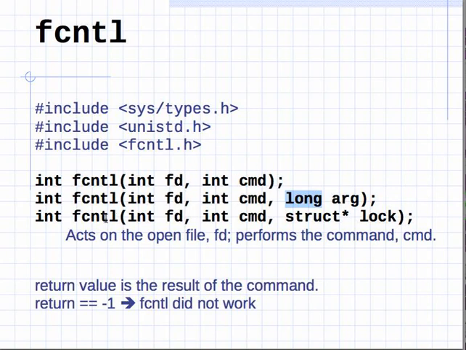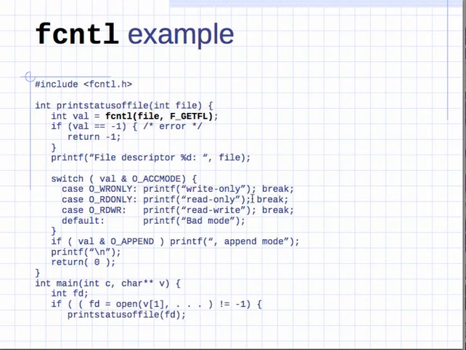The fcntl function, like a lot of system call functions, returns an int, and if it's negative, it tells you that the call to fcntl did not work. And the return value, if it's not negative, is the result of executing the command, the cmd, whatever that is. So here's a simple example. We open a file, assume that this file has been opened.